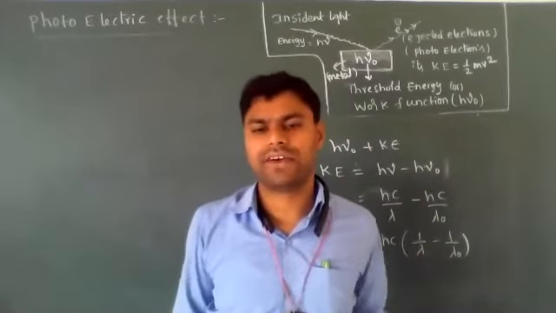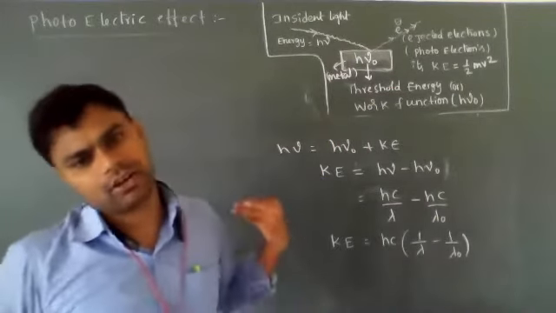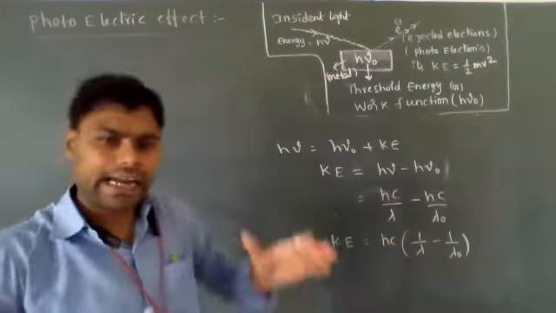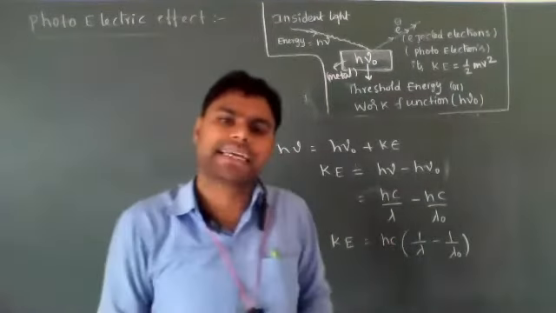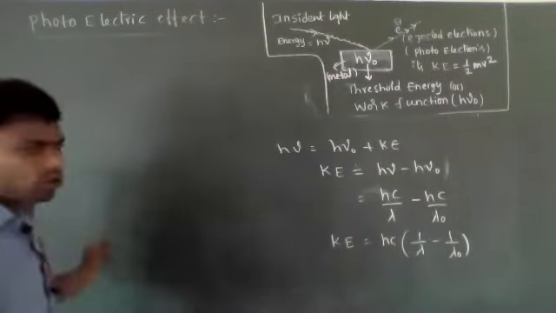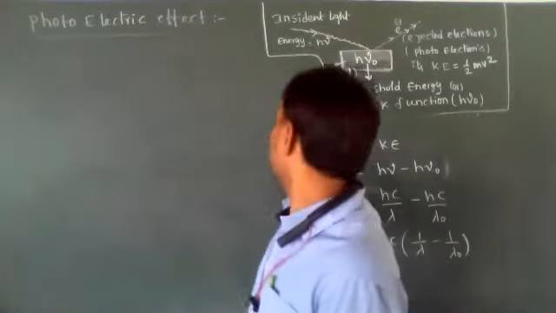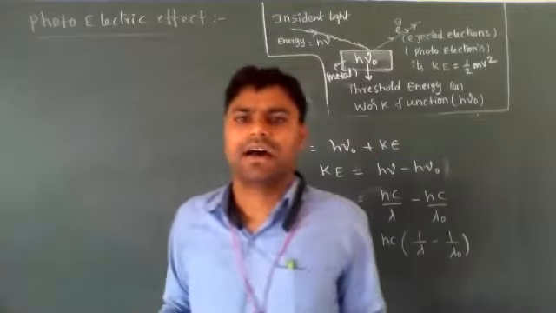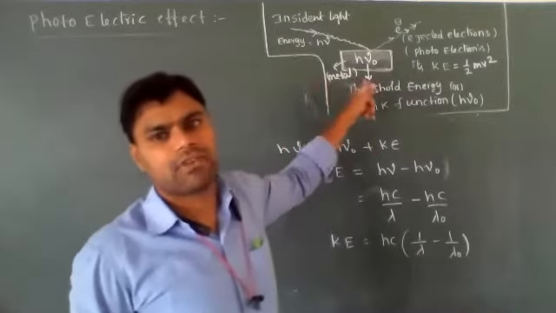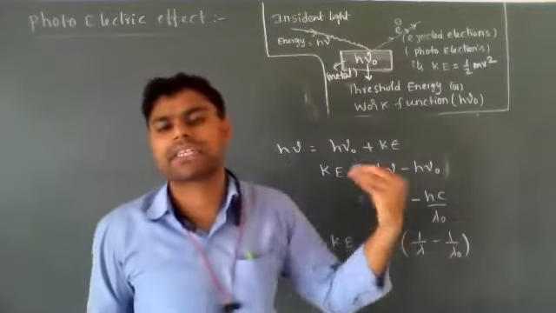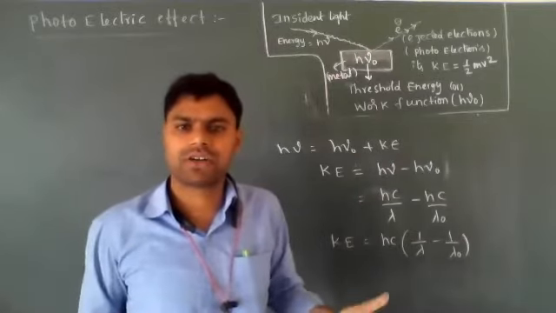Then the kinetic energy of electrons is 0 only because the electrons are not removed. But at what condition is kinetic energy exactly equal to 0? When both frequencies are equal, meaning incident light frequency is equal to threshold frequency, then incident light energy is equal to threshold energy, and KE is equal to 0.